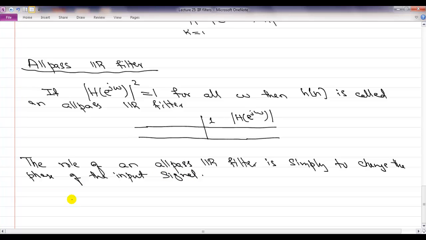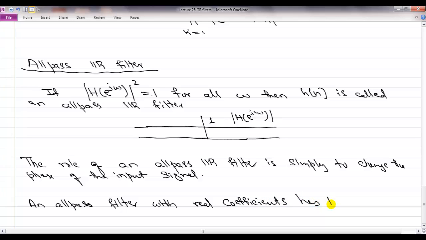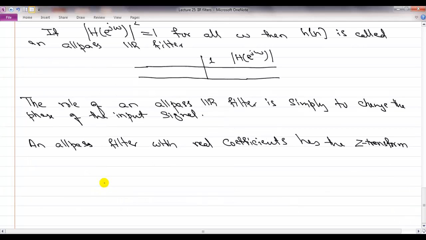Now, because of the characteristics that we are interested in, an all-pass filter has a very particular form of its Z transform. An all-pass filter with real coefficients has the Z transform which is given by the following: H(z) equals either plus or minus z^{-M} D_M(z^{-1}) over D_M(z).